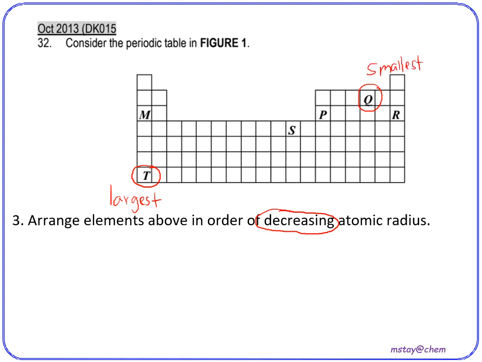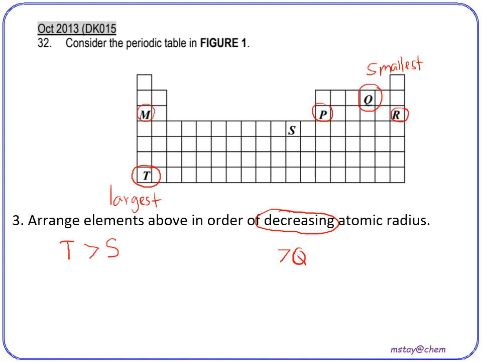So the question wants us to give the decreasing atomic radius, which means the largest is T, while the smallest is Q. Then we look at S, which is smaller than T. Then we have M, P, and R.